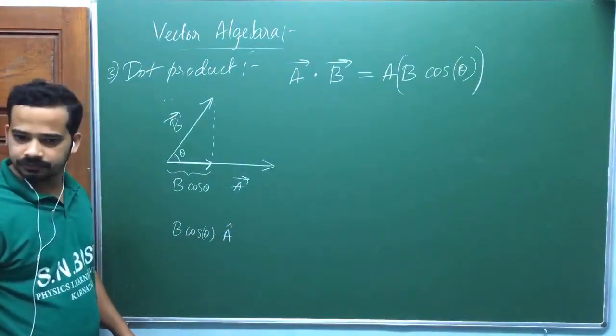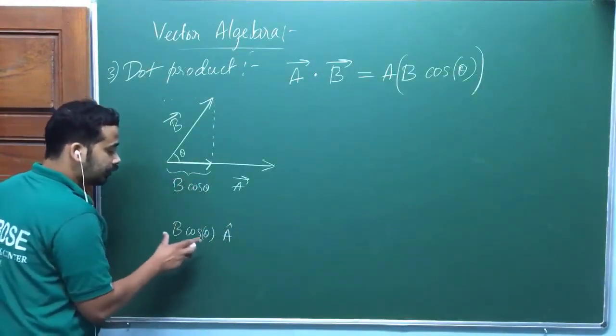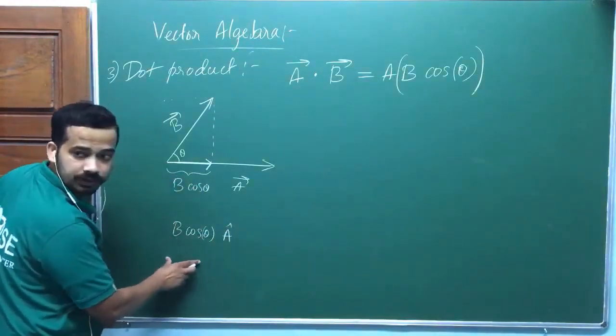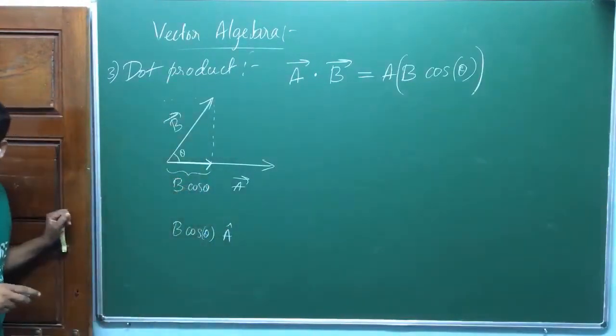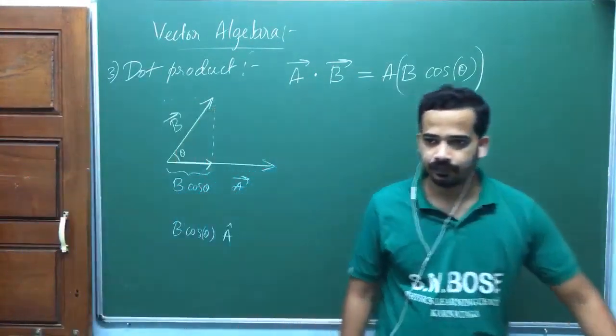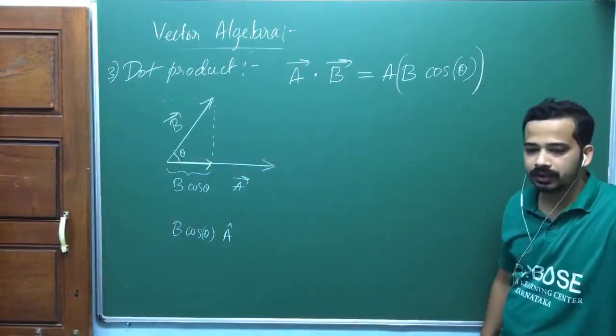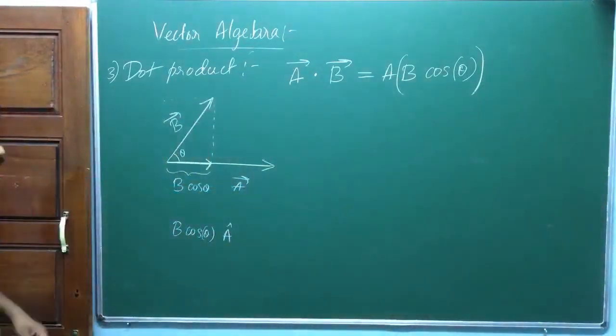So we call this the vector projection of B on A, which is a vector.